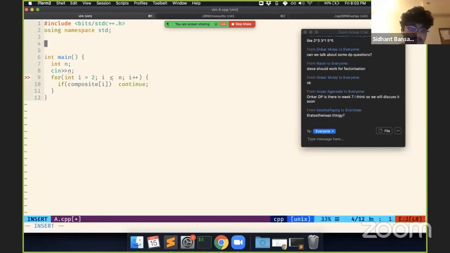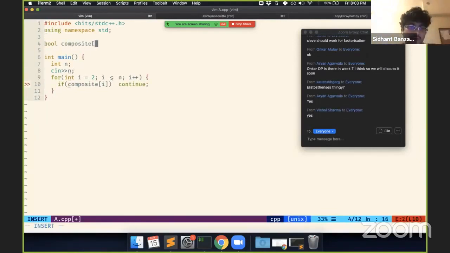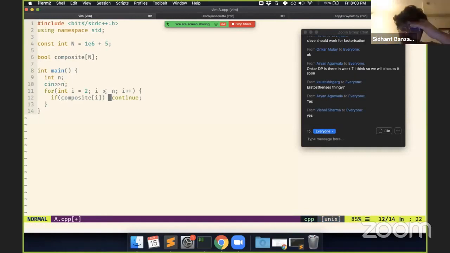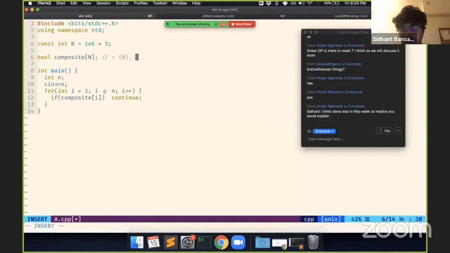Let's pick a constraint like 26ish. Because I declared the composite array globally, it starts with zeros, that is, falses.